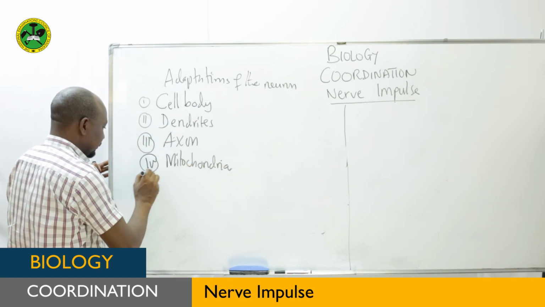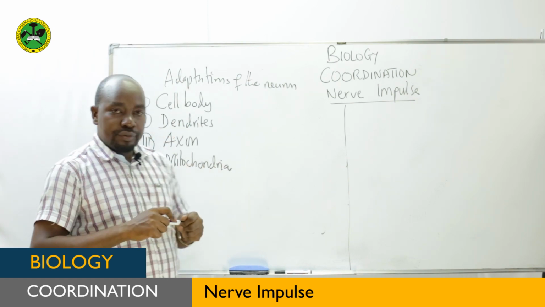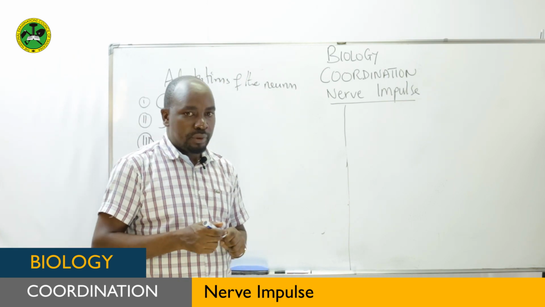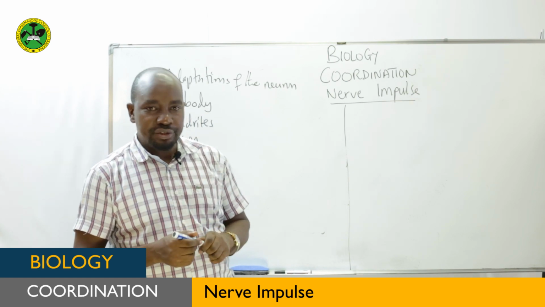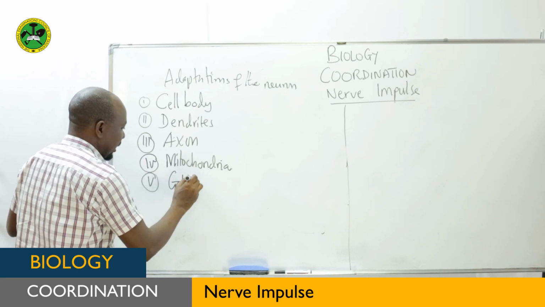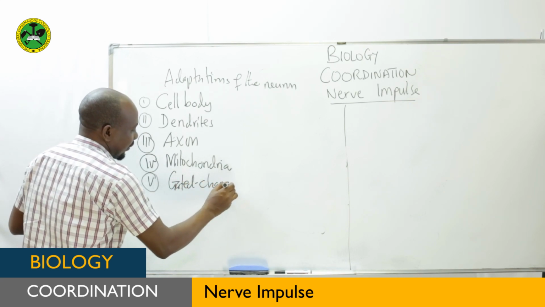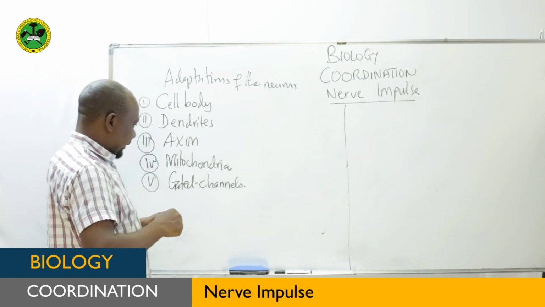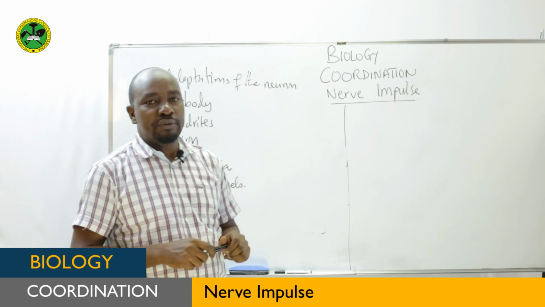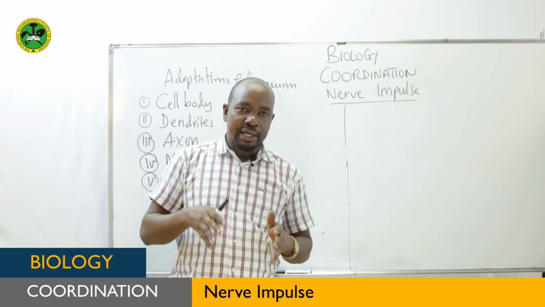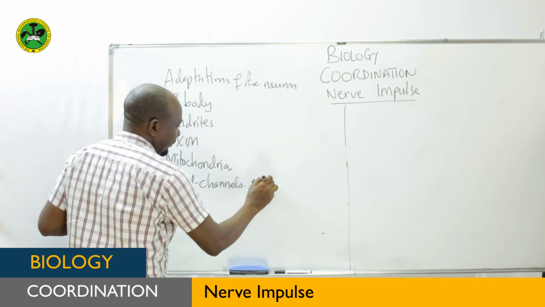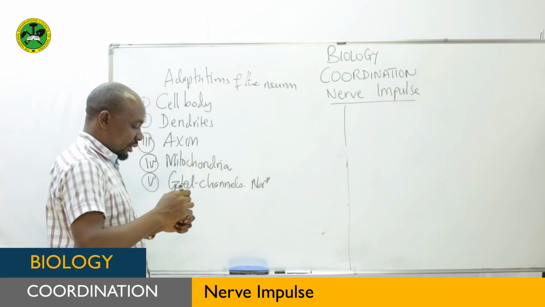Another thing, the neurons possess small pores, namely gated channels. The gated channels are the specific paths where different ions pass through. There are gated channels specifically for the sodium ions.